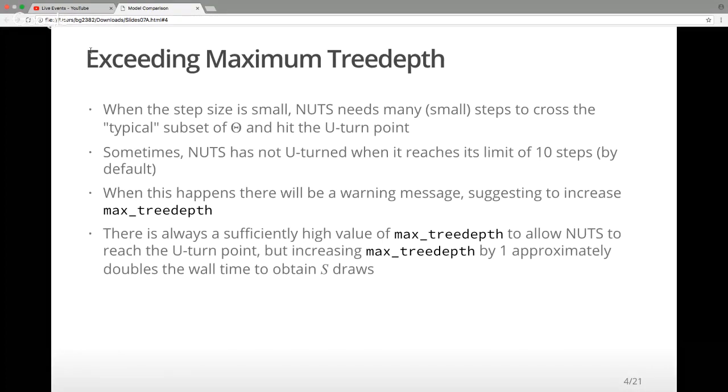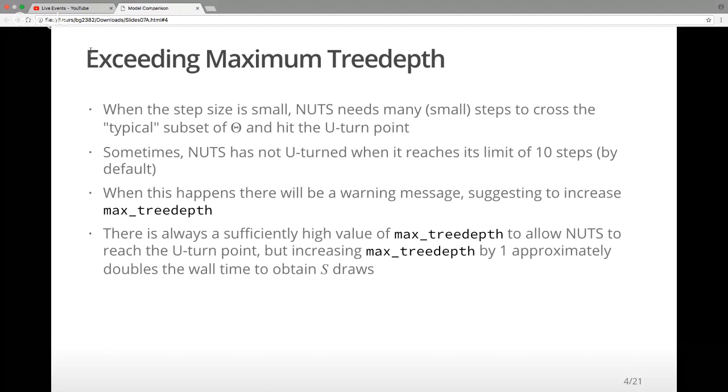But when you're taking very small steps, it takes a lot of those steps to get to the U-turn point. And sometimes when you do that, the no U-turn sampler doesn't actually U-turn. It hits its threshold, which by default is 10 steps, without U-turning. So it starts all the way on the left, takes 10 steps in the direction of the right, but never actually U-turns by the 10th step.